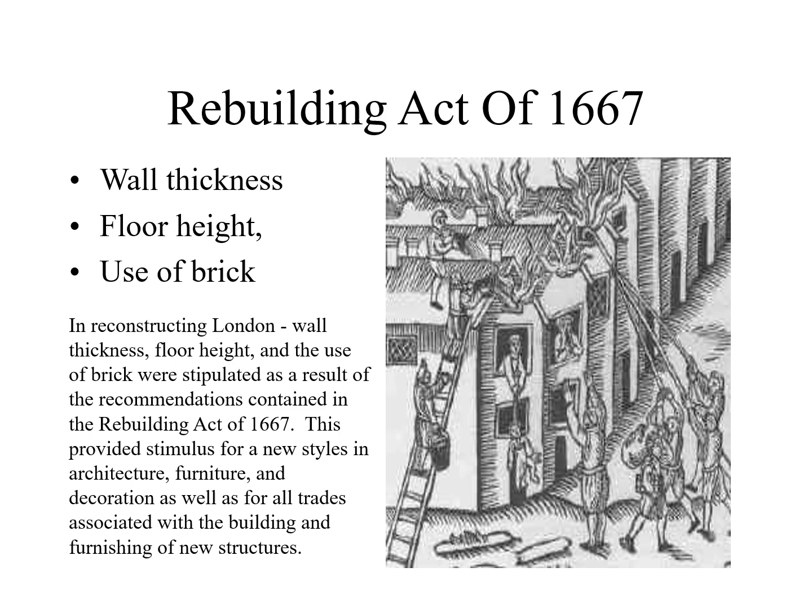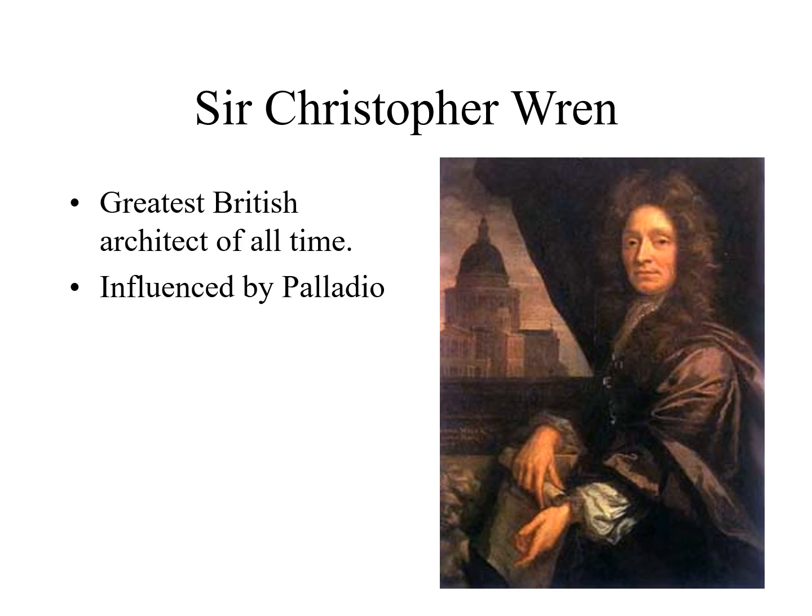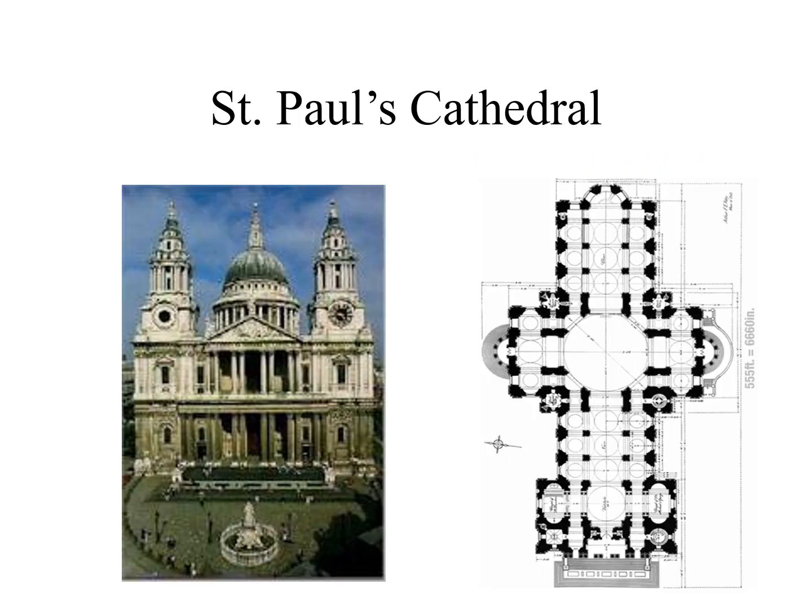This provided stimulus for new styles in architecture, furniture, and decoration, as well as for all trades associated with the building and furnishings of new structures. St. Paul's Cathedral, located in London, is considered Christopher Wren's greatest masterpiece.